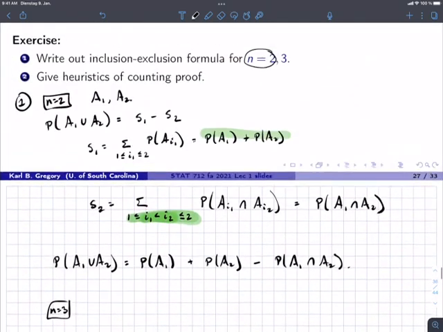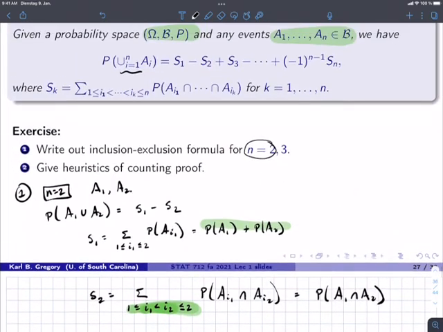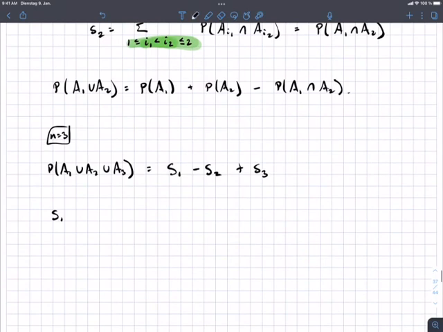Okay, so S1 is going to be a sum of these, but where there's only one probability in here. So this is going to be the sum over I1, my n is 3, of probability A_I1. So that's probability A1 plus probability A2 plus probability A3.